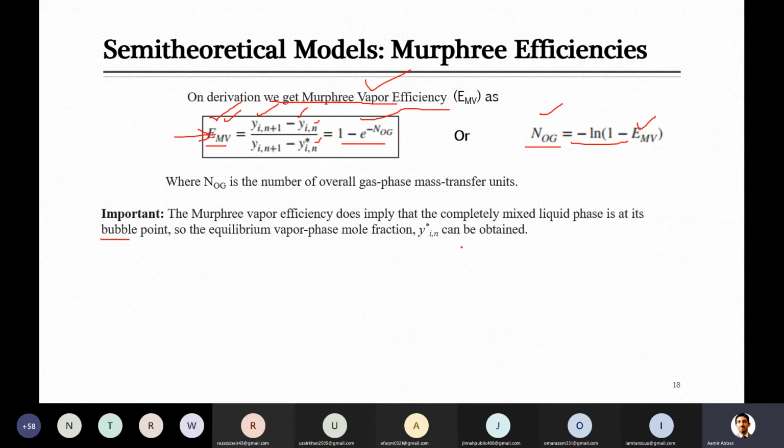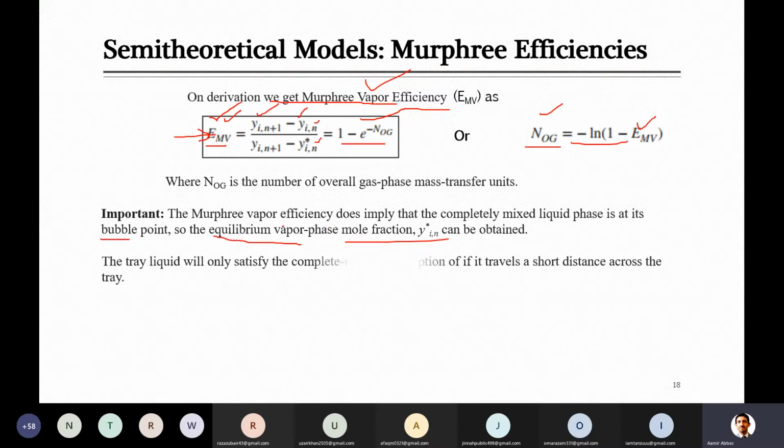In those cases you can somehow find the mole fraction of that component. But as I said, this creates more complexity. Most of the time when you are calculating, you will be using the second part of the equation.